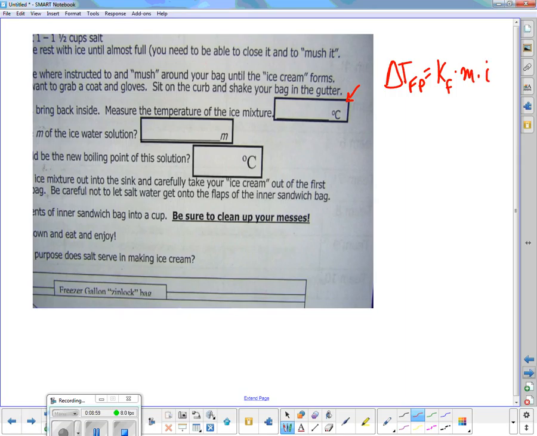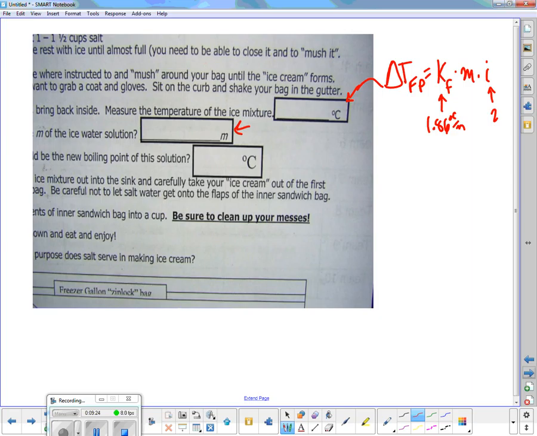So what's the I for salt? NaCl. 2, NaCl. So my I here is going to be 2. The Kf is still going to be 1.86 degrees Celsius per molal. And your change in freezing point is whatever you had. Just get rid of the negative, okay? And you're solving for M.